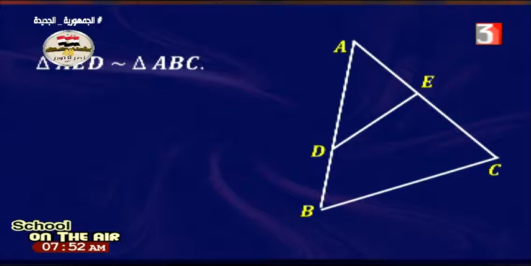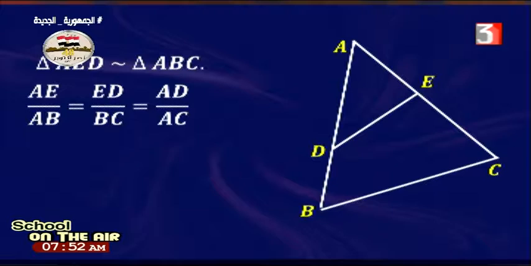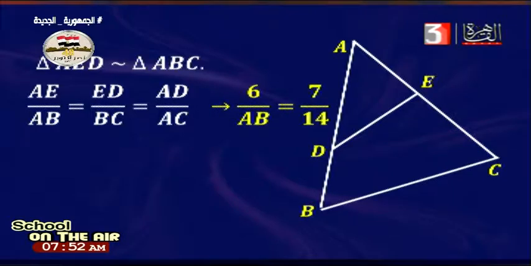Here we can find corresponding sides which are proportional. So we can say that AE over AB equals ED over BC equals AD over AC, proportional sides. Then by substituting, you are going to find that 6, which is AE over AB, equals 7 over 14.